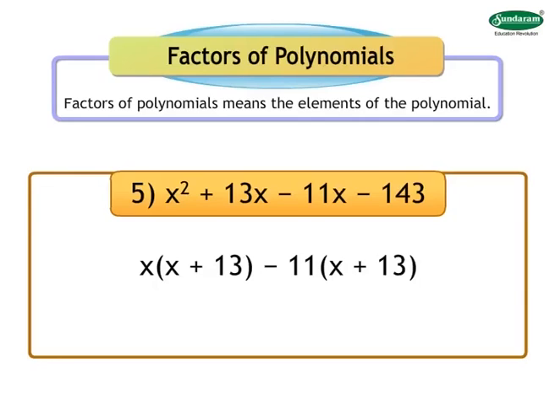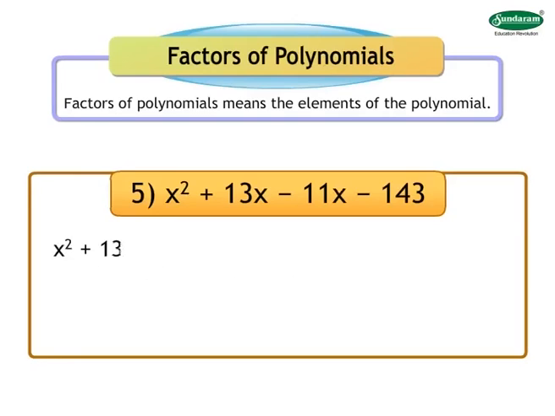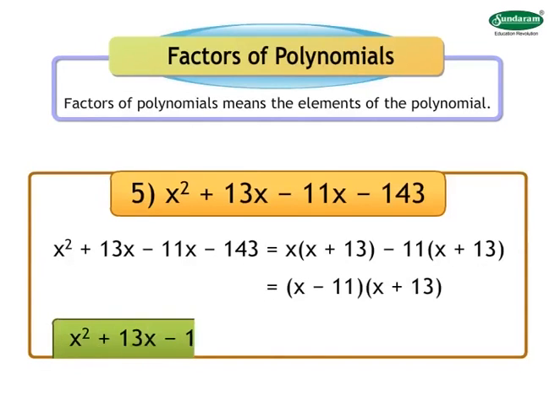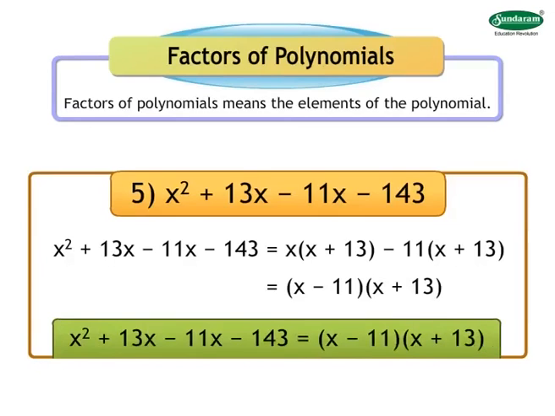Hence, the factors of x square plus 13x minus 11x minus 143 is equal to x into x plus 13 into minus 11 into x plus 13, which means x minus 11 in one bracket and x plus 13 in the other bracket. Hence, the factors of x square plus 13x minus 11x minus 143 are x minus 11 and x plus 13.